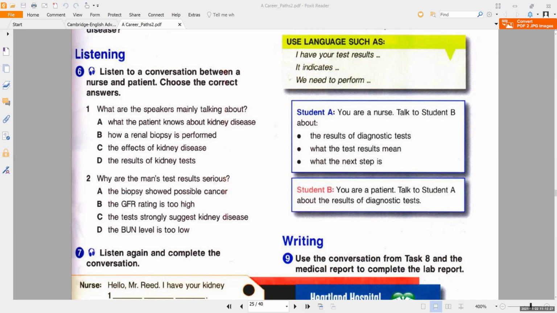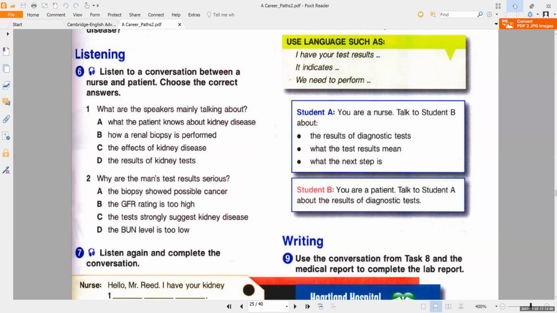Exercises 6 and 7, page 25. Hello, Mr. Reed. I have your kidney test results back. How do they look? Unfortunately, the results are serious. First, according to the GFR test, your GFR level is 40. So is that too low? Yes, it indicates a moderate case of kidney disease. Well, at least it's not severe, I suppose. No, but it could be headed that way.